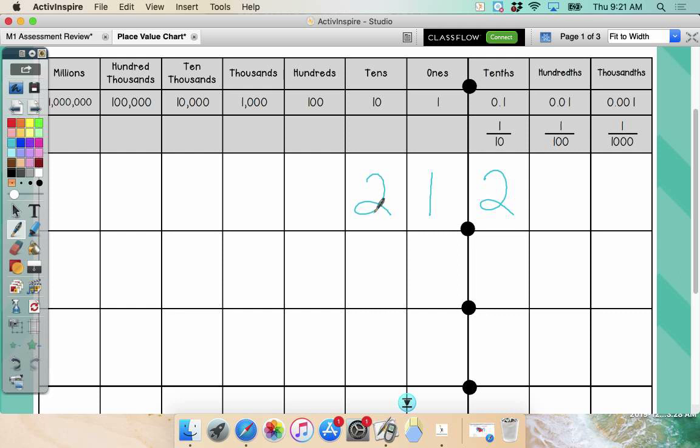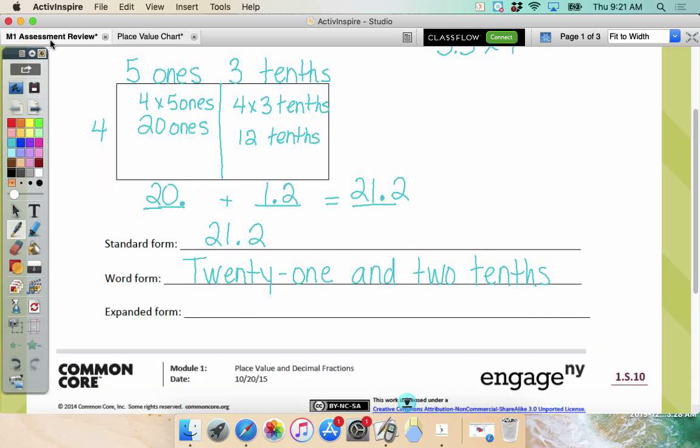Then do you remember I said that would be 2 copies of 10, 1 copy of 1, 2 copies of 1/10 or 0.1, whatever you choose, okay? So if I go back to my paper, I'm just going to write that down. 2 copies of 10 plus 1 copy of 1 plus 2 copies of 1/10. Or if you'd rather, can you write the decimal instead of the fraction? Yes. Yes, you can.